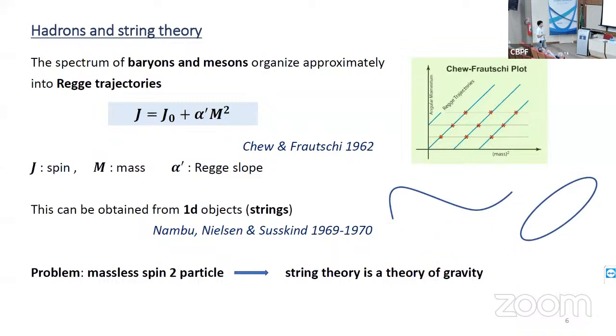However, when people calculate the spectrum, although they obtain these nice trajectories, they also obtain one particle that is not present in QCD, which is a massless spin-2 particle, the graviton.